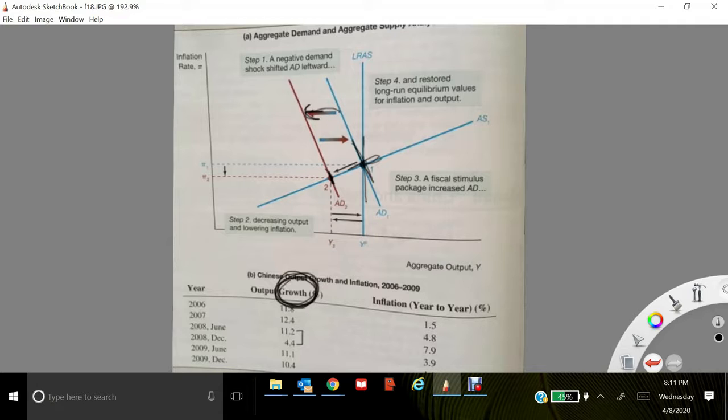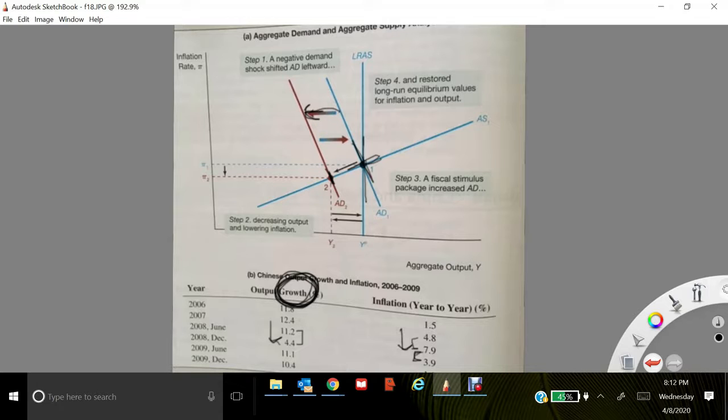Output growth. I shouldn't say that. I should edit that. Output growth falls. Inflation increases. That's interesting how that happened. But here we have inflation falling.